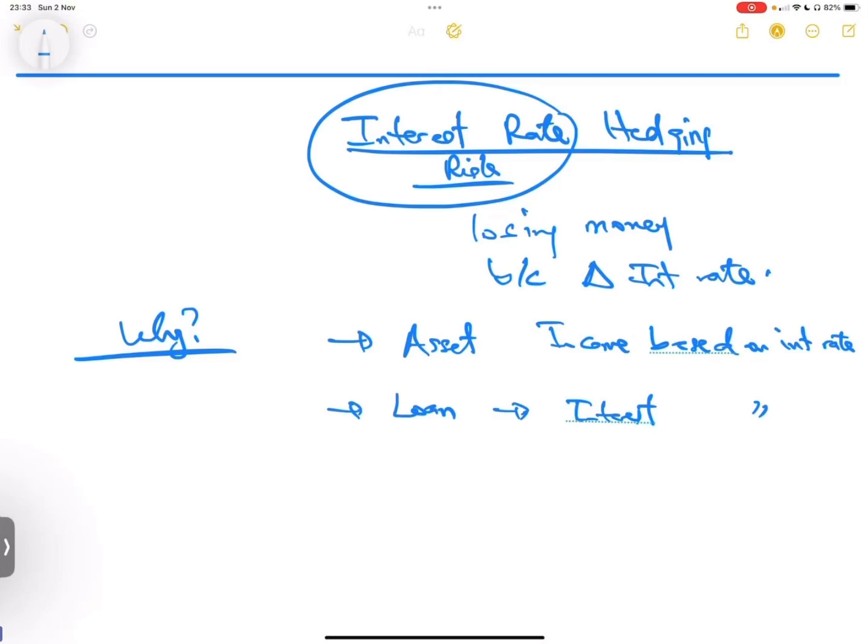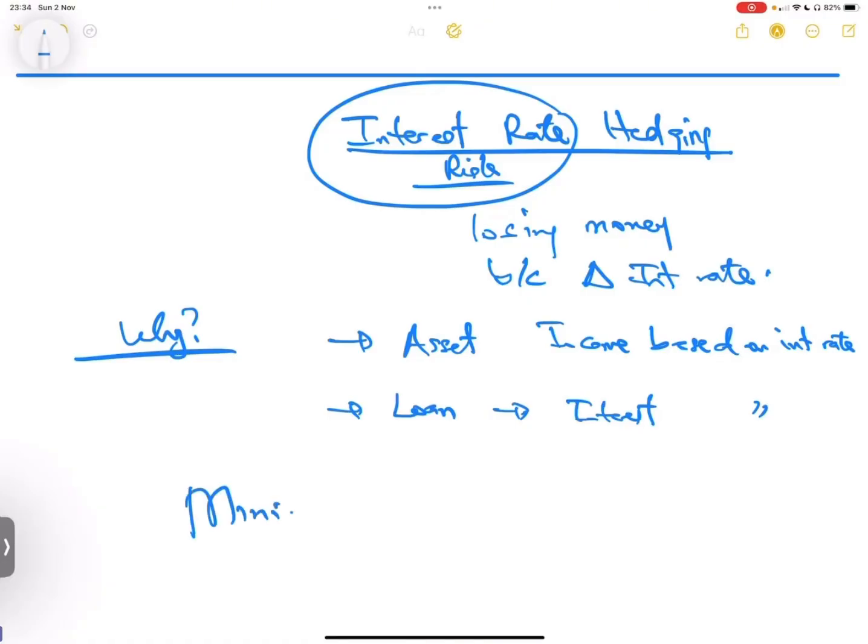So whatever you have that exposes you to lose money whenever interest rate changes, that exact thing is exposing you to interest rate risk. And what you are trying to do is to minimize that risk.